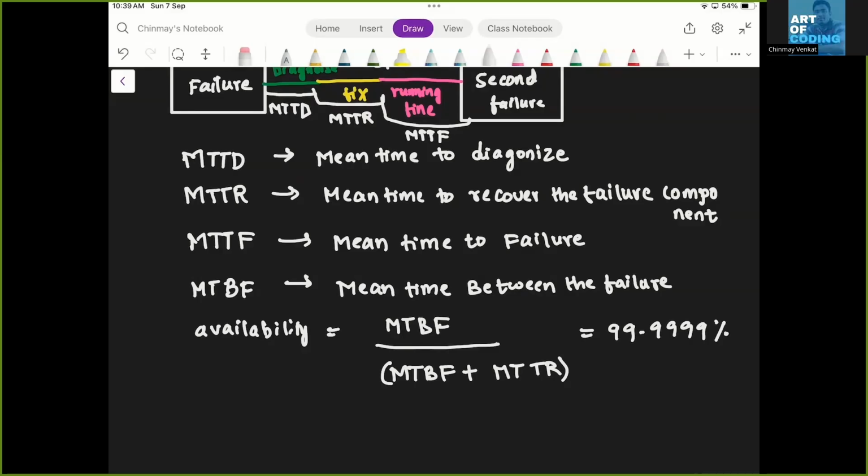Now we need to understand the percentages of availability.